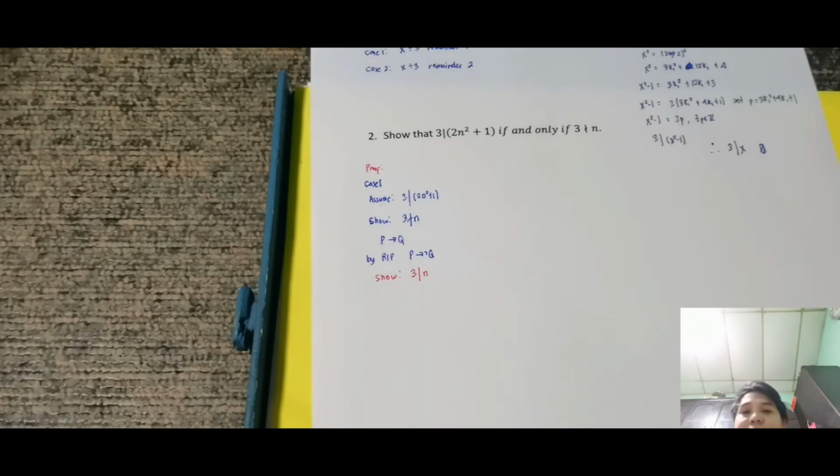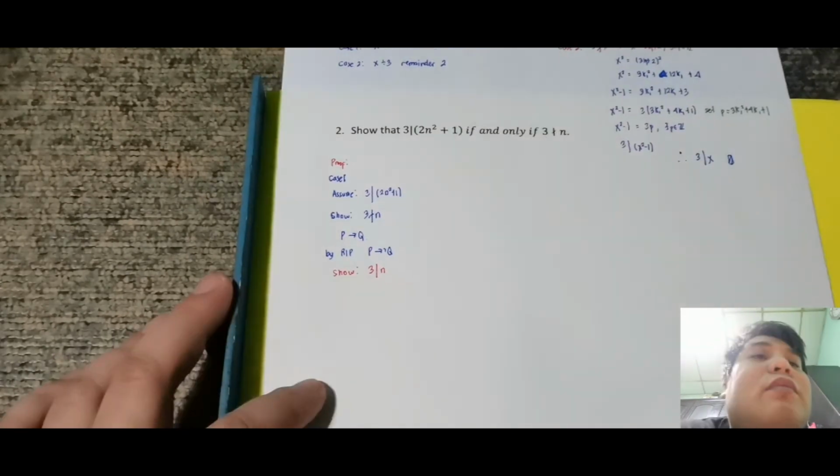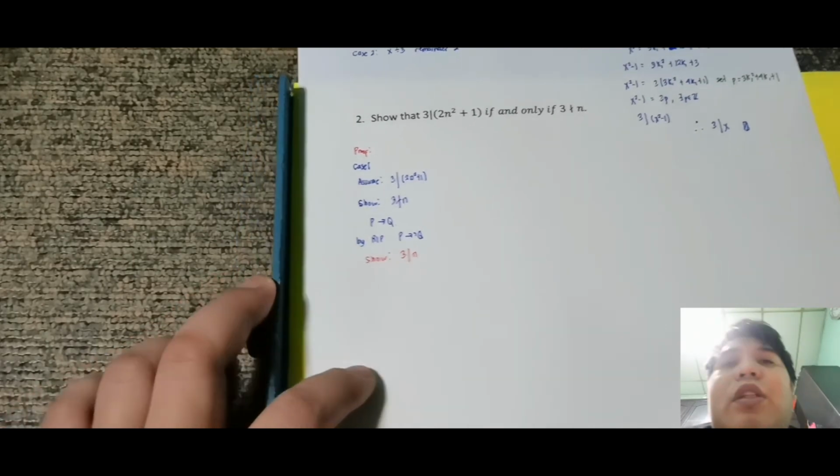So ano bang gagawin natin? So paano ba? Si 3 divides n, so assume ko yun, no? So kung si 3 divides n, therefore may mag-i-exist na k somewhere doon sa taas. Okay, so I think mas mabuti dito ko siya ipakita.